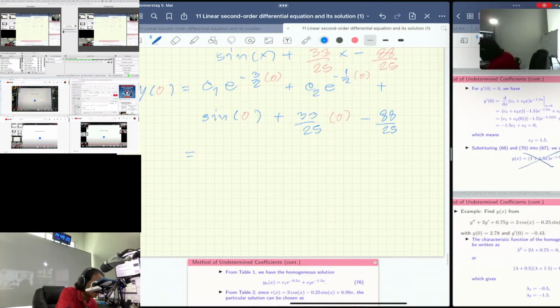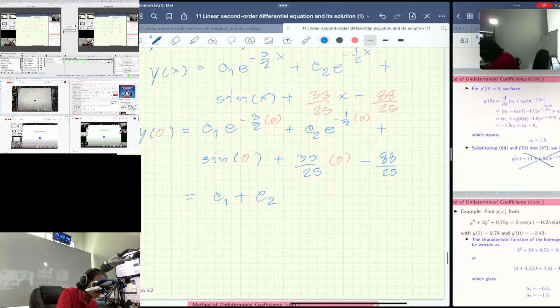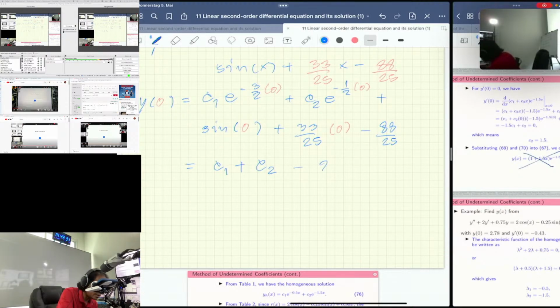And after that, you would have C1 plus C2, and here is 0, 0, 0, negative 88 by 25. And it should be equal to 2.78. All right.